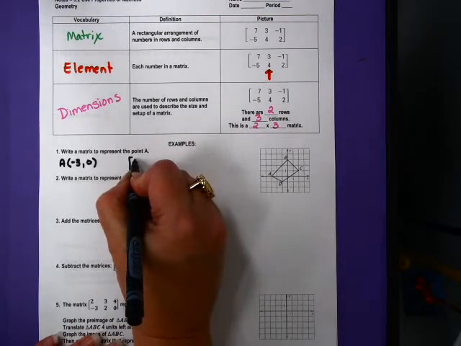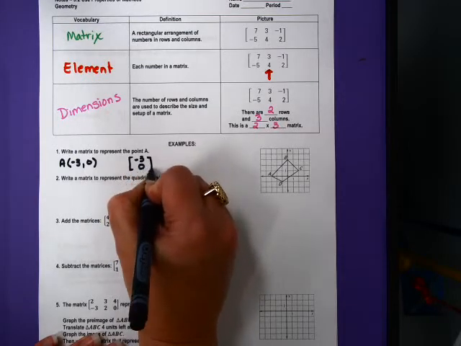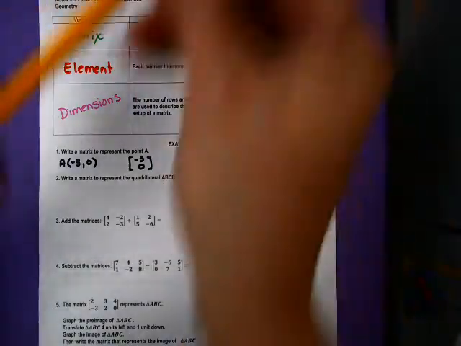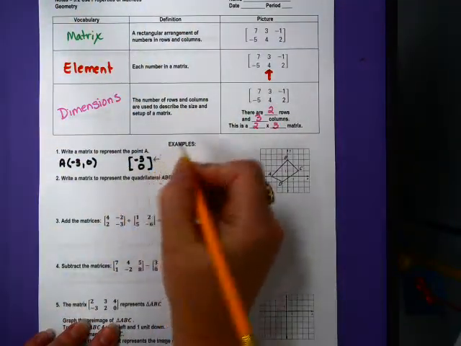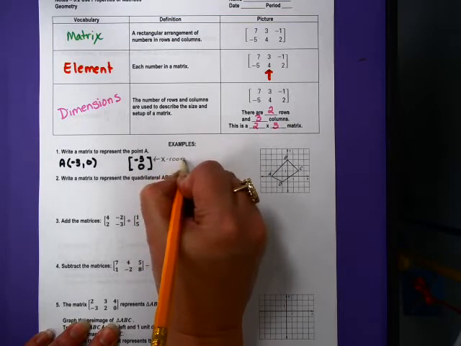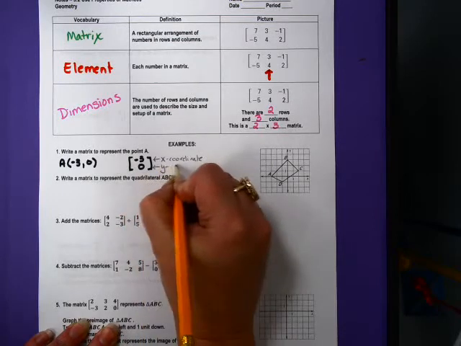So this would be -3 over 0, like this, where this here is the x coordinate, and this here is the y coordinate.